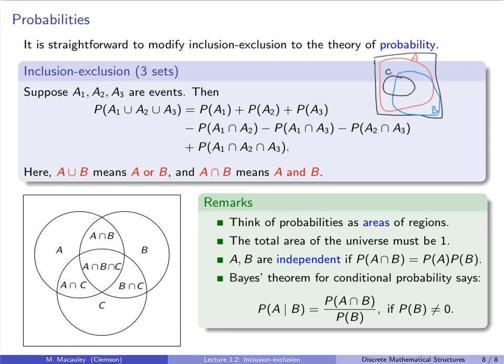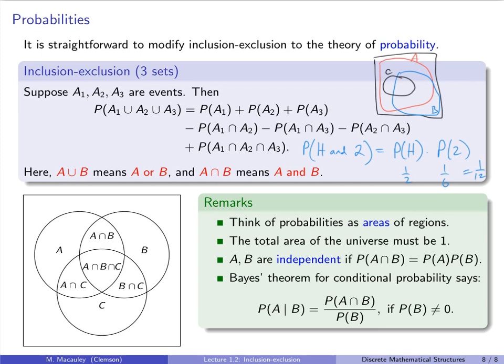So the probability of getting a heads and then a 2 when you roll the die is just the probability that you get a heads, which is 1/2, multiplied by the probability that you get a 2, which is 1/6, and you get 1/12. That's actually the definition of independence: the probability that both events happen is the product of the individual probabilities.